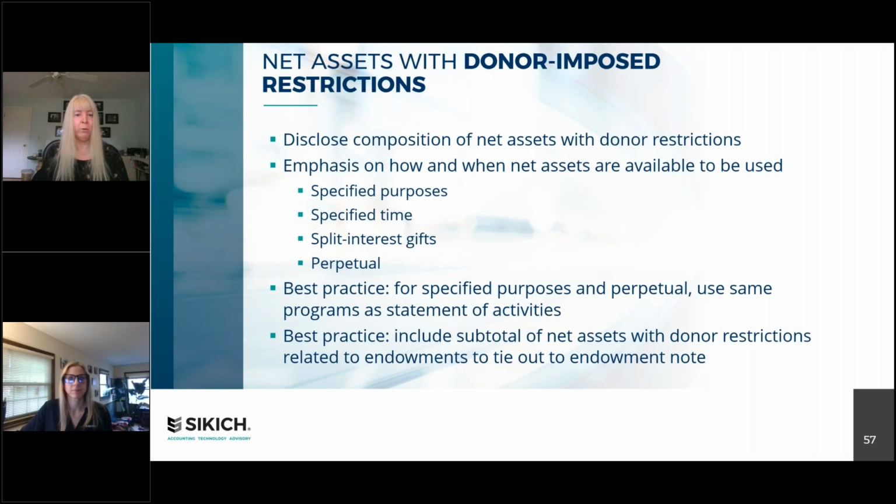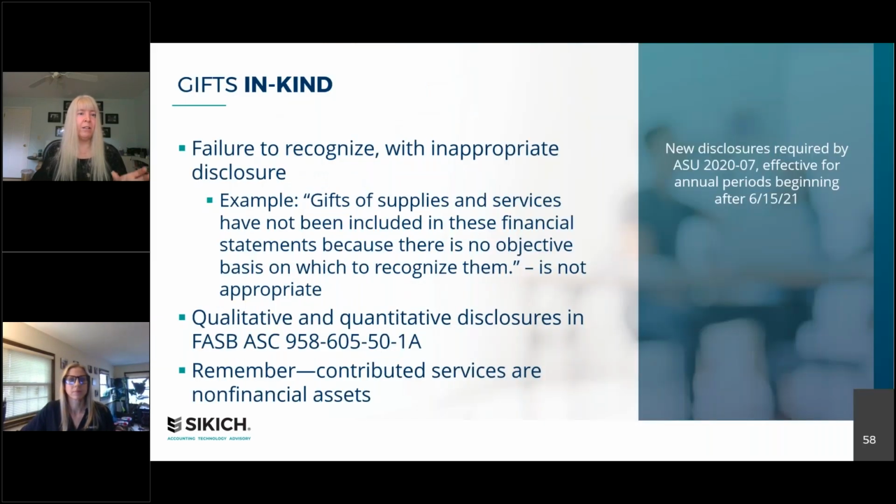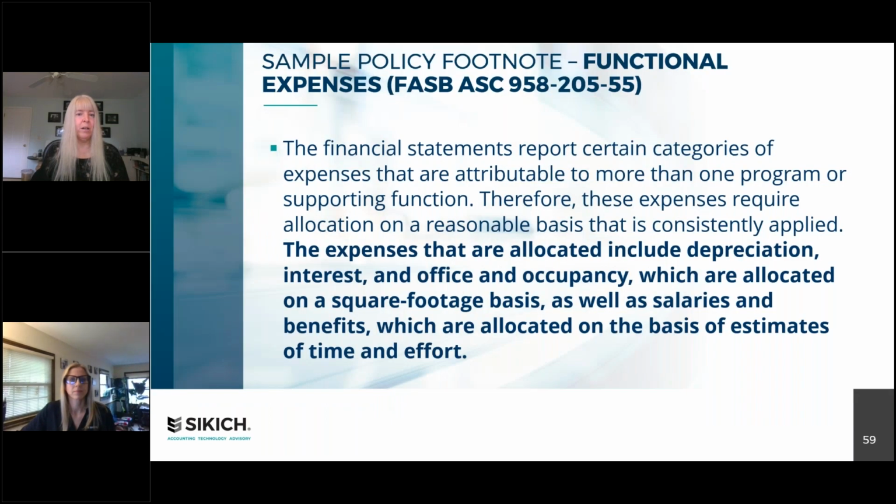We want to make sure that we're giving full and complete transparent information on net assets with donor imposed restrictions in the notes. And then I talked a little bit about gifts in kind, about making sure that those are properly recognized. I did give a sample footnote policy here on functional expenses. The thing in bold is just to tell you that expenses that are allocated need to be enumerated, what those are in the disclosure and the basis for allocation.